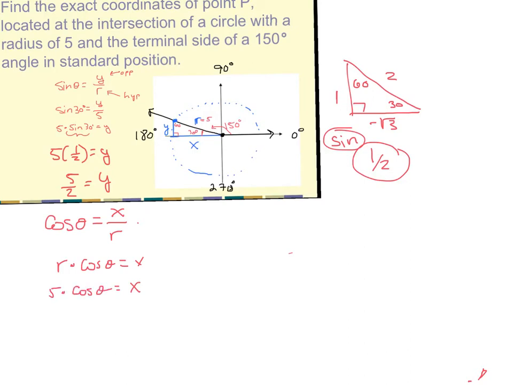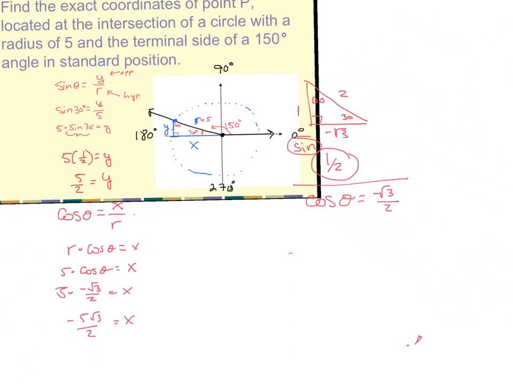Well, what's cosine of theta? Cosine is adjacent over hypotenuse. So cosine of the angle is going to equal root 3 over 2, and that's a negative. I substitute negative root 3 over 2 in for the angle, and I get x is equal to negative 5 root 3 over 2. And those are my two values.